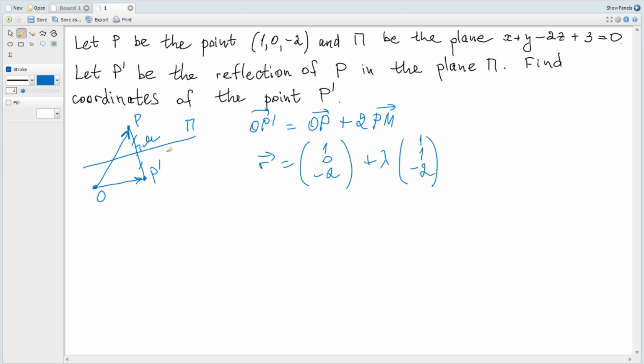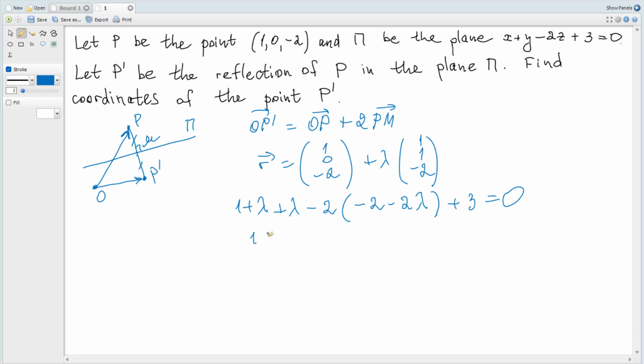Then we need the coordinates of the point of intersection, this point M, and it can be found substituting x, y, z in terms of lambda into the equation of the plane. So 1 plus lambda for x plus y, y is lambda, minus 2 times z, minus 2 times negative 2 minus 2 lambda, plus 3 is 0.